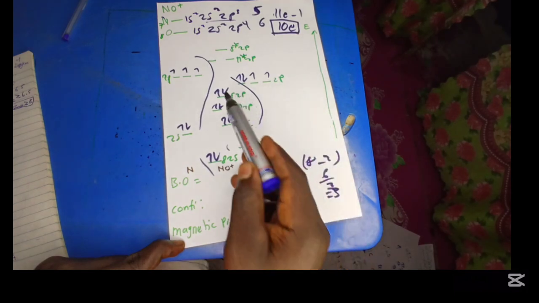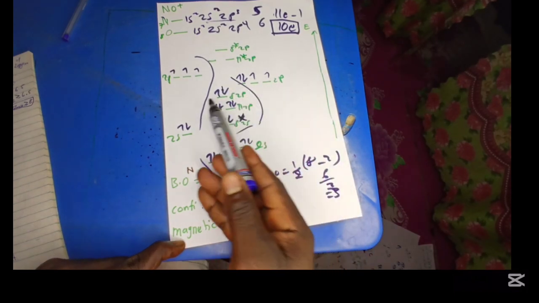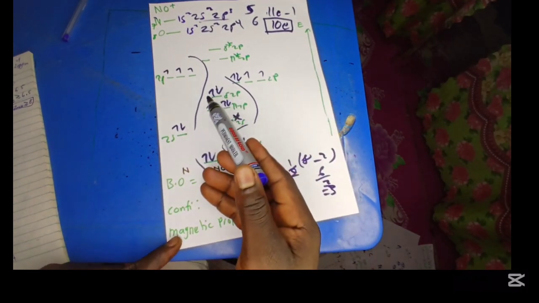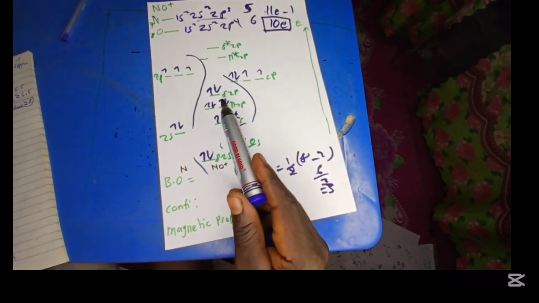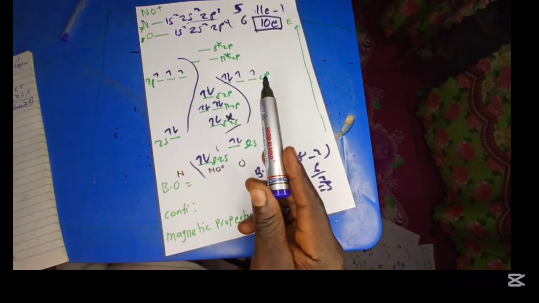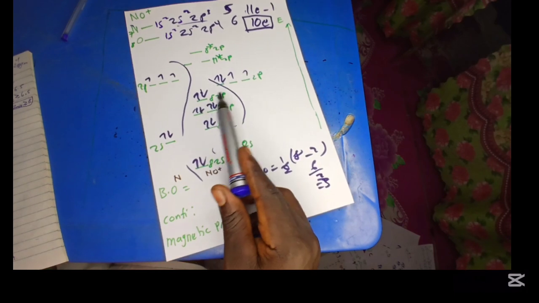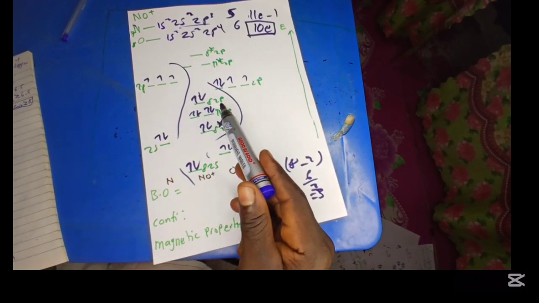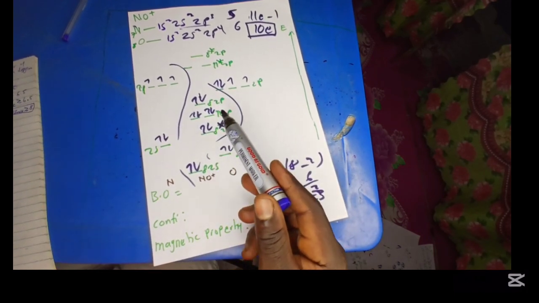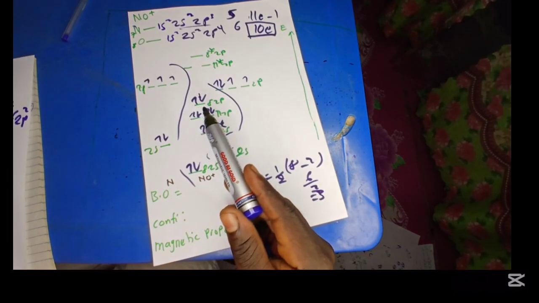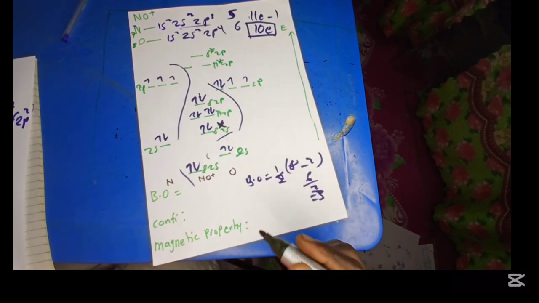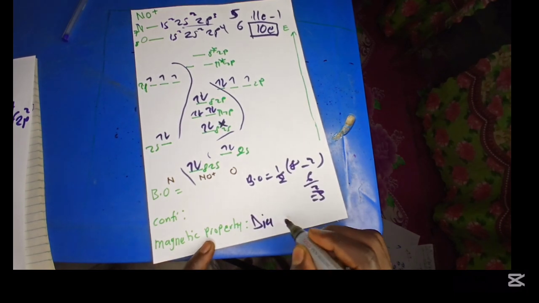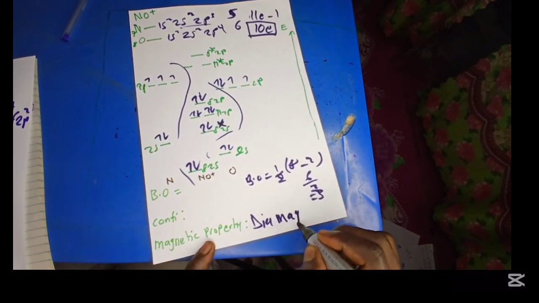So with this, there are no unpaired electrons in any of the molecular orbitals here. All the molecular orbitals here are paired. So this tells us that NO plus is diamagnetic since all the molecular orbitals are paired. So it is diamagnetic.